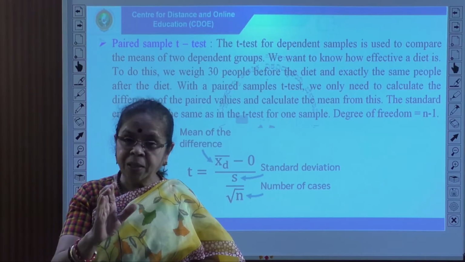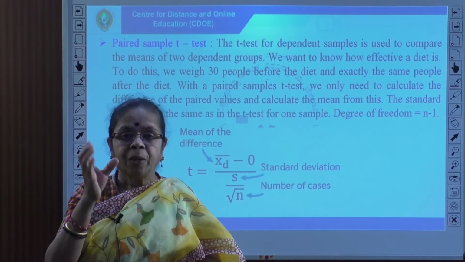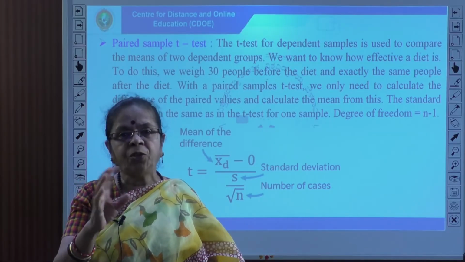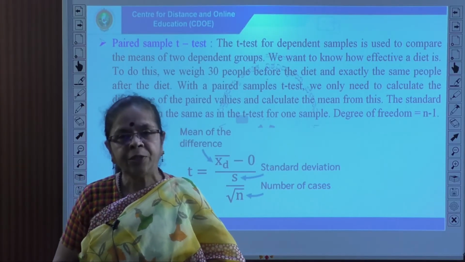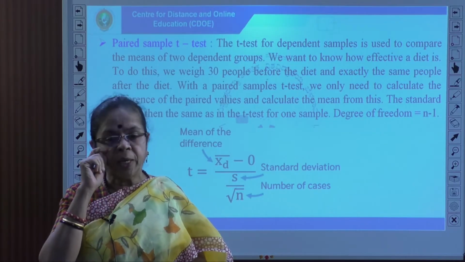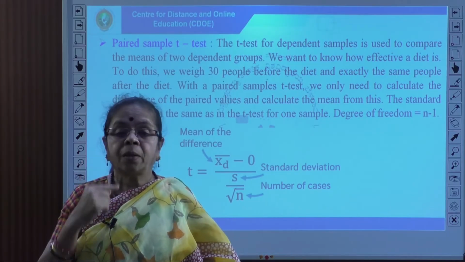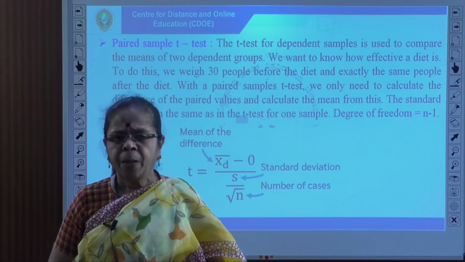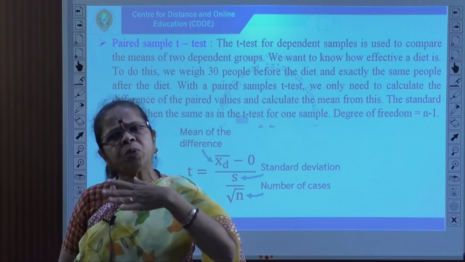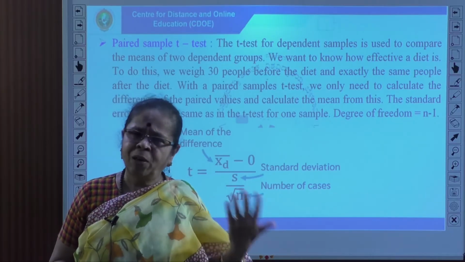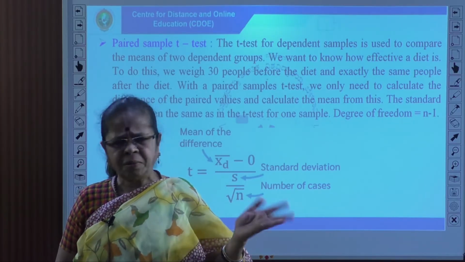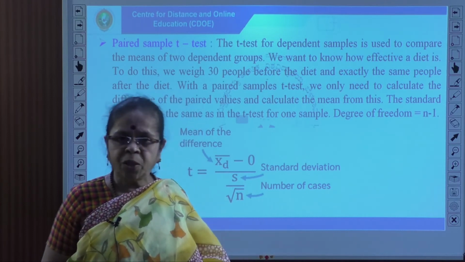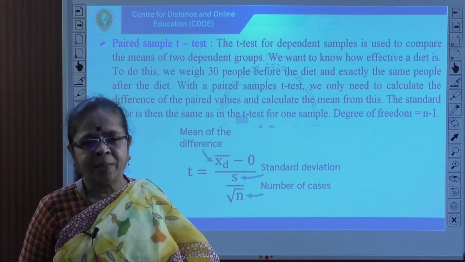So, here the sample is the same, and I compare its performance before and after the treatment, and use the t definition as this, and then see whether the hypothesis is valid or not, whether you reject it or accept it. The null hypothesis, alternative hypothesis, all are similar. So, level of significance or level of confidence, nothing changes. That is independent of the test. They are all general terms used with hypothesis testing.